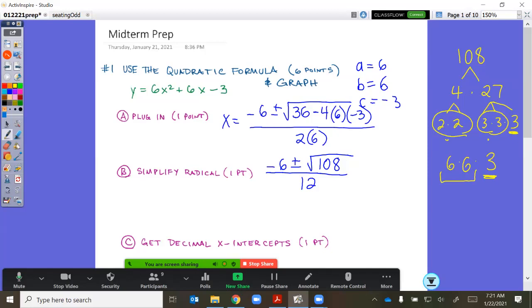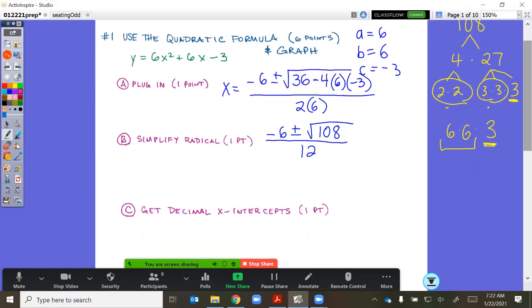So that kind of sort of clear? Okay. Yeah, I could write it kind of in between. I could say -6 plus or minus. There's a 2 that comes out, and there's a 3 that comes out, because I have a pair of 2s and I have a pair of 3s. Eventually I'm going to write 6 out there.